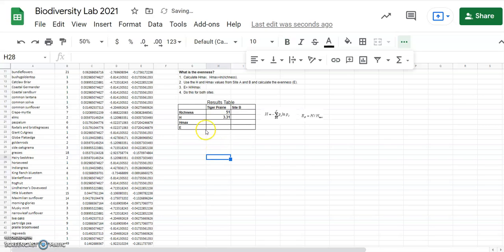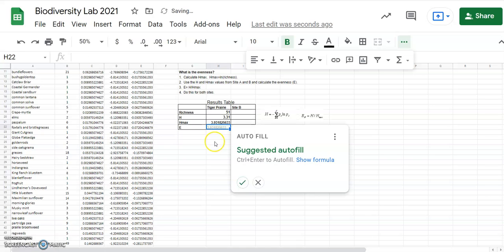All right. Now, what's H max? If I go up here, this is where we find the instructions for this table. H max is the natural log of the richness. So that means this one is going to be equals the natural log of 51, close parenthesis, enter.